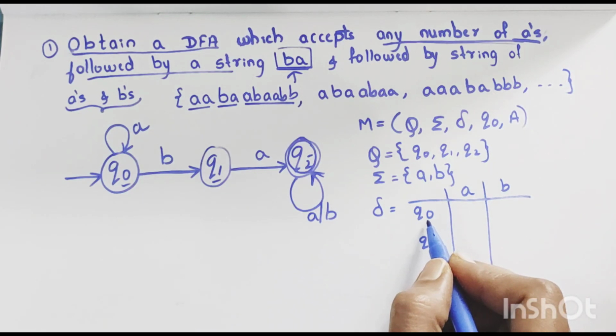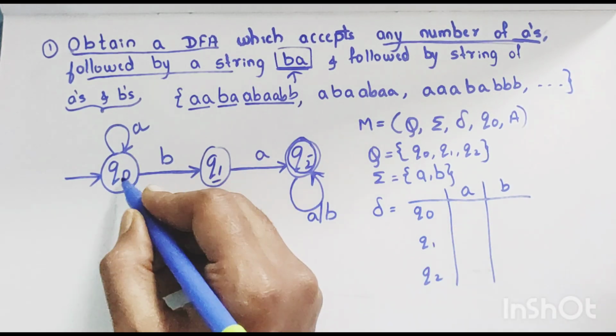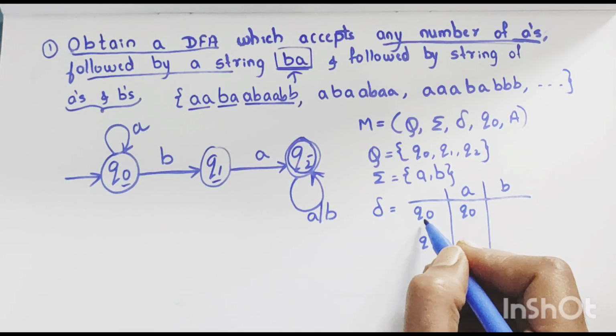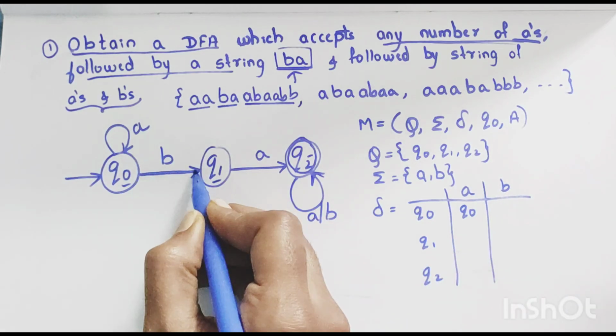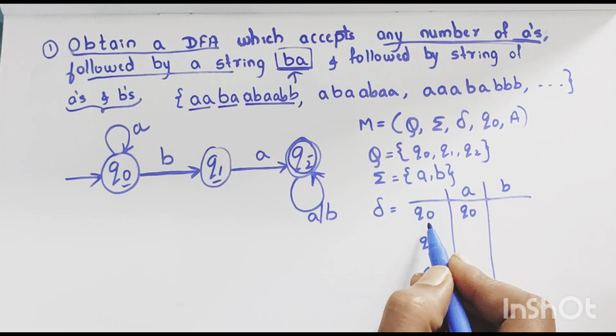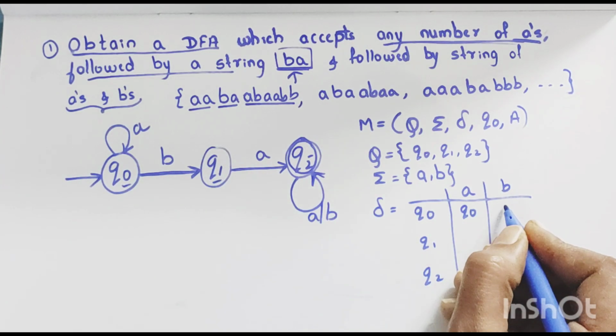Then from the state Q0 for the A input symbol, the machine will remain in the Q0 state only, so I will write Q0. Then from the state Q0 for the B input symbol, the machine is moving towards Q1.